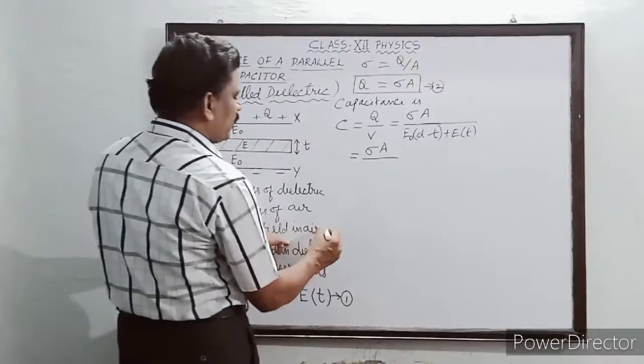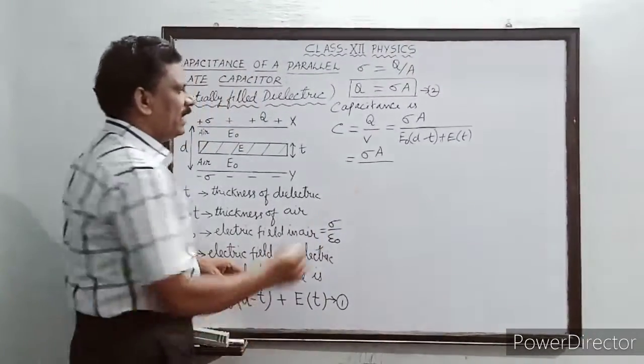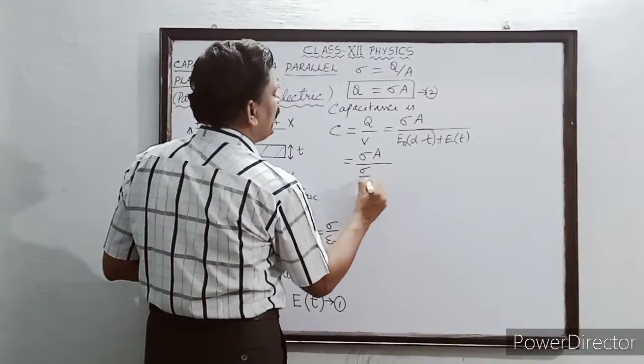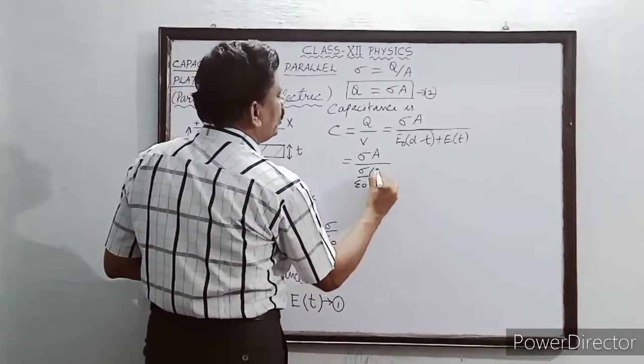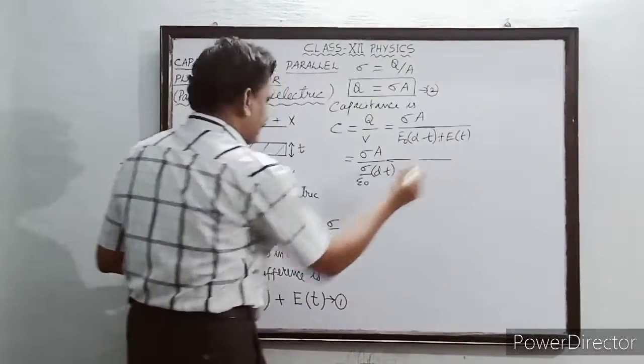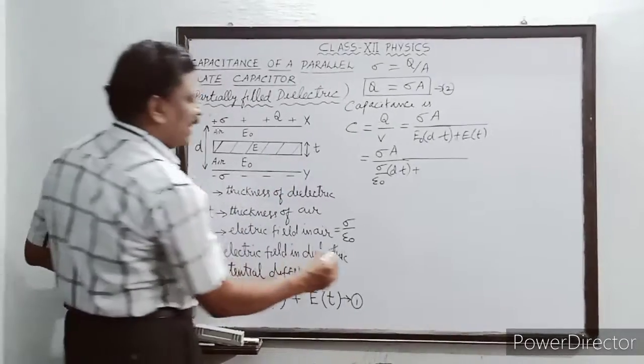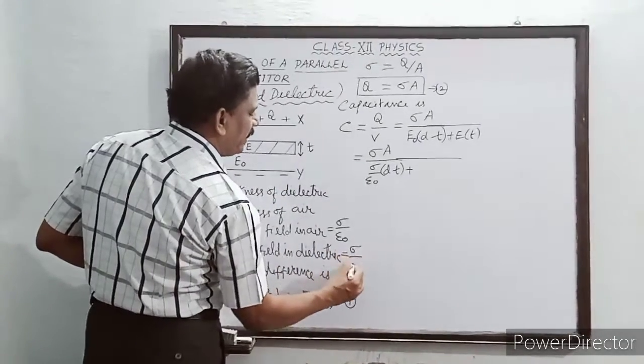So this E naught must be equal to sigma by epsilon naught. And I am going to substitute sigma by epsilon naught into (d minus t), plus, instead of E, the electric field inside the dielectric, which is sigma by epsilon.